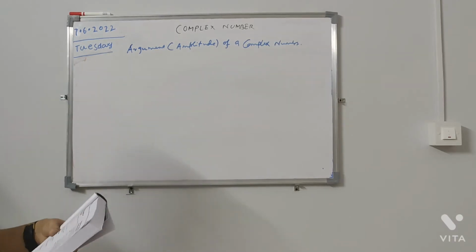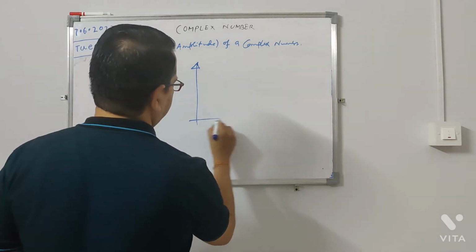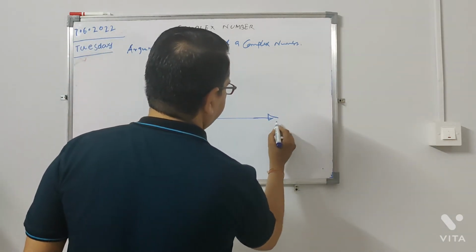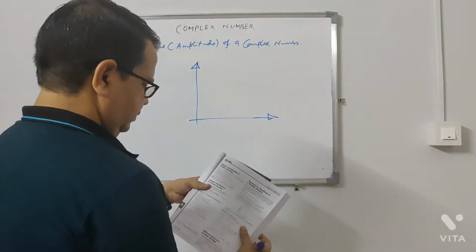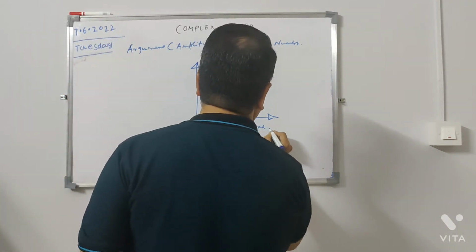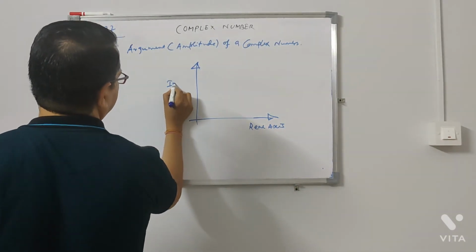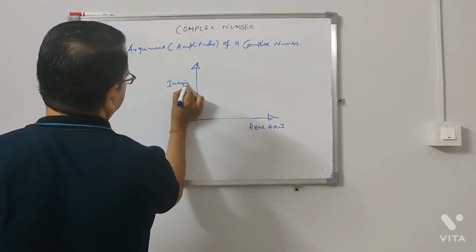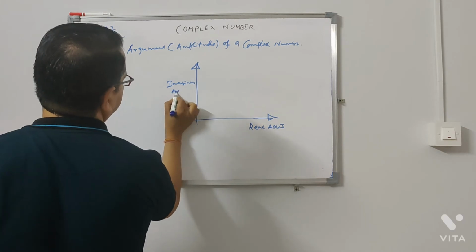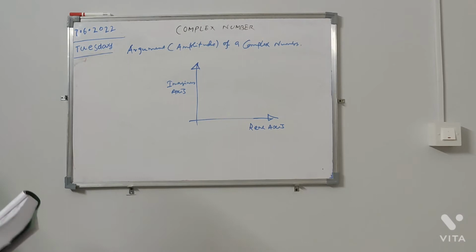Let us say, as I have already discussed, this is my real axis and this is my imaginary axis.